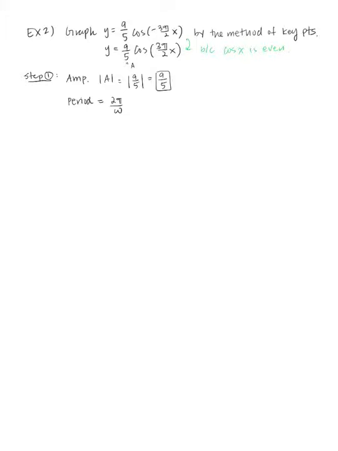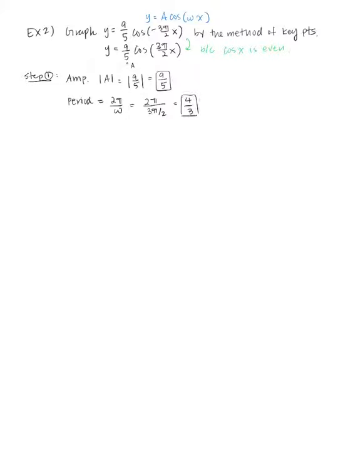This is of the form y equals a cosine of omega x, so in this case our omega is 3 pi over 2. So this is 2 pi all over 3 pi over 2, which is 4/3.